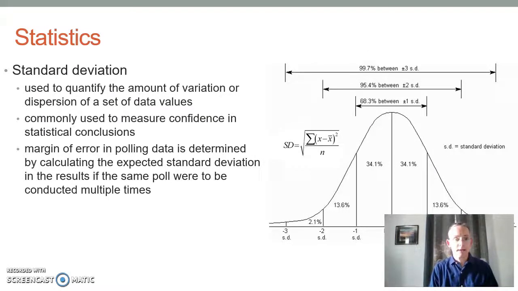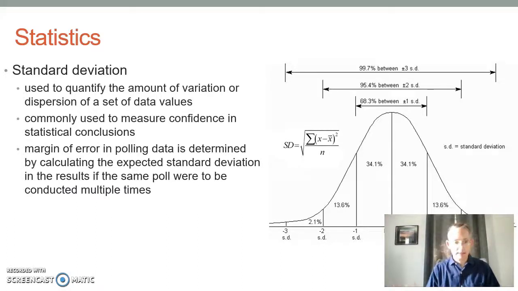Statistics is the same way. A lot of the questions are going to be, what's the best likelihood of making this decision, or where should we go for this? Sometimes it's just basic statistics: quantify the amount of variation, figure out what the measures of confidence are and what you're trying to do.